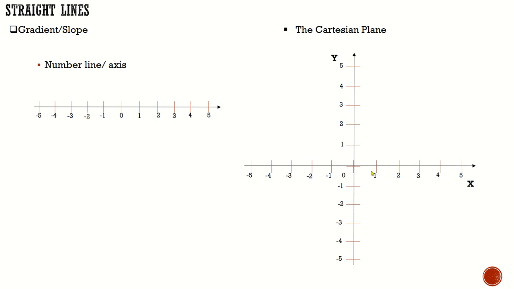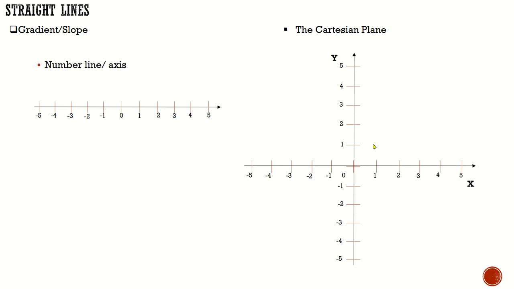Now the Cartesian plane in this sense is a 2-dimensional field. Really, it's a 2-dimensional plot. We are able to plot points that correspond to some value on the x-axis and another value on the y-axis.